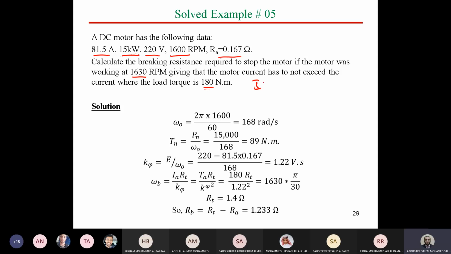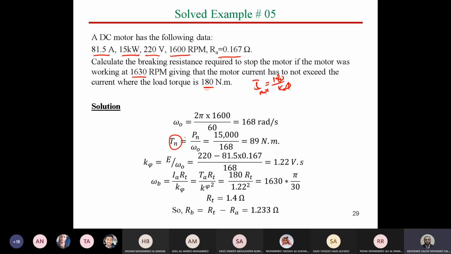So we can say I equals 180 over K phi in order to get the maximum current we need. So simply, we can obtain the value. How can we obtain the value of the resistor? Firstly we need to calculate the motor flux constant. It's not given here, but we can obtain it from the given data. You have omega or N, you can convert it to omega, and you have power, so you can obtain the value of torque.